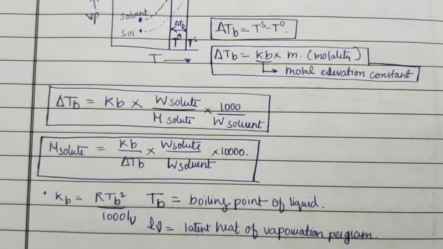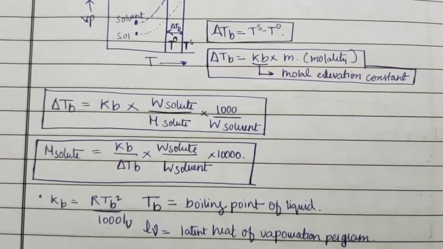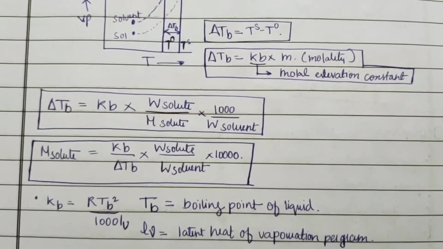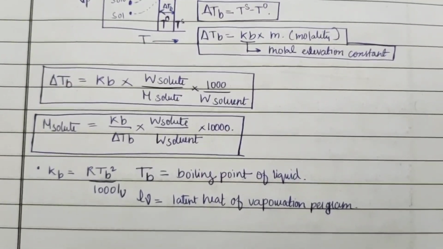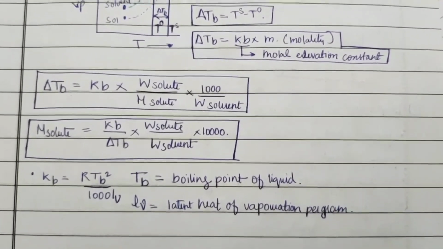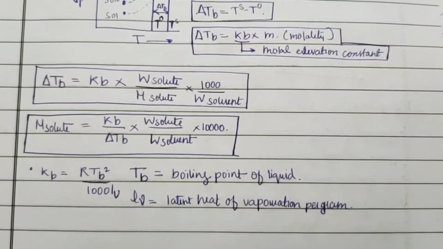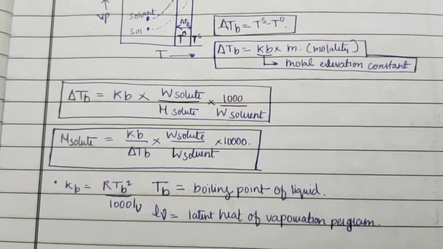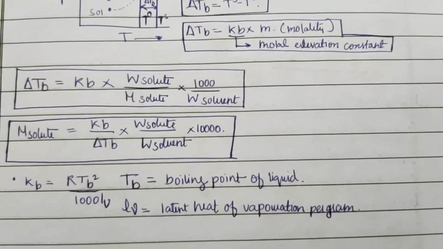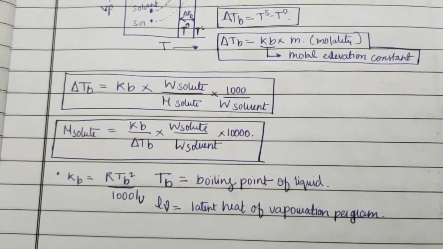So M solute equal to Kb by delta T into weight of solute by weight of solvent into 1000. Kb equal to R TB square by 1000 LV. Here TB is the boiling point of liquid and LV is latent heat of vaporization per gram.